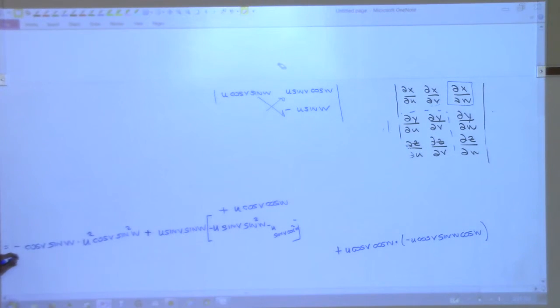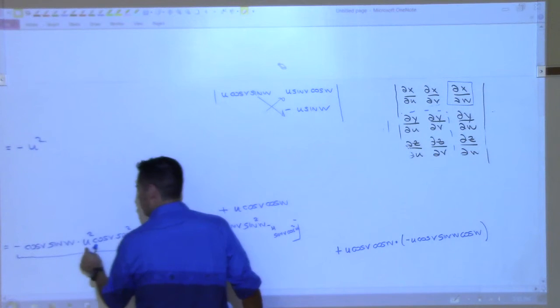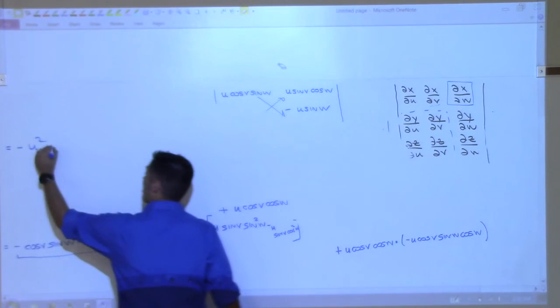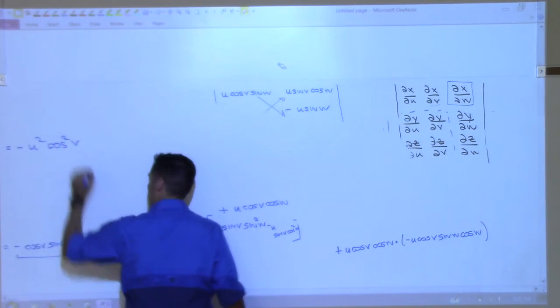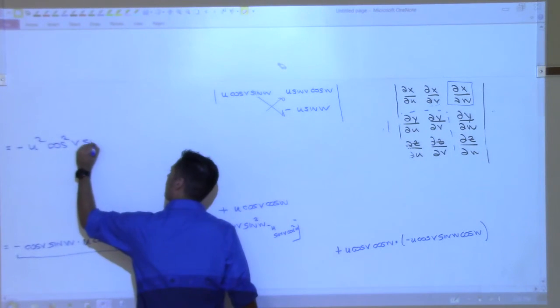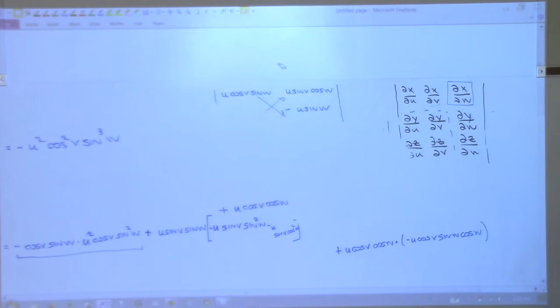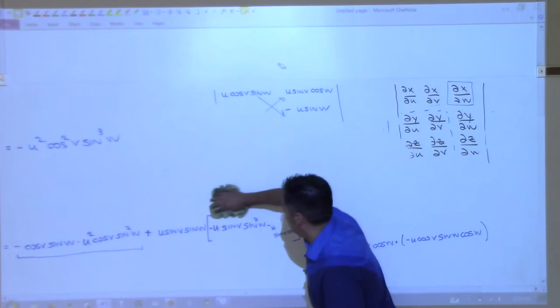Looking at this first one right here, let's pull that u squared out. So we get negative u squared, negative u squared. I have a cosine squared v, and I have a sine cubed w, don't I? Y'all agree that's that first one? Okay, on this one, I think that's not there.